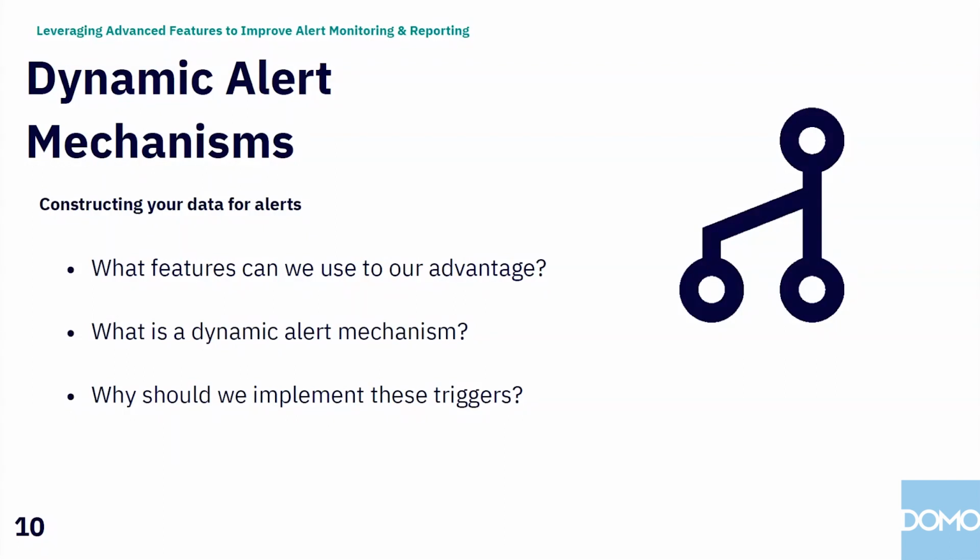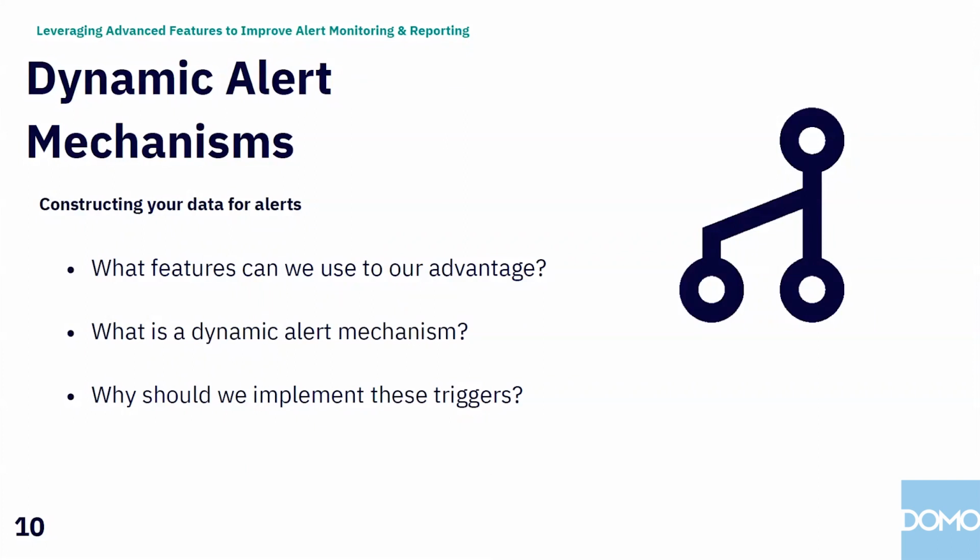So what features do we have to use to our advantage inside of Domo? Domo offers quite a few different aspects of data transformation. Some of the easier ones are Beast Mode and ETL, but depending on your skill set and capacity, you can essentially use anything from the data transform side to create dynamic alert mechanisms.